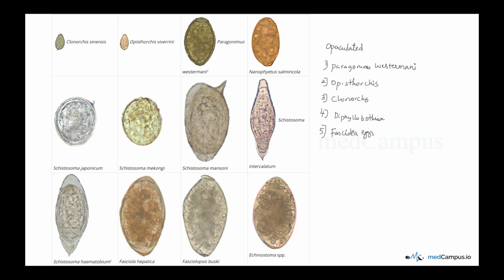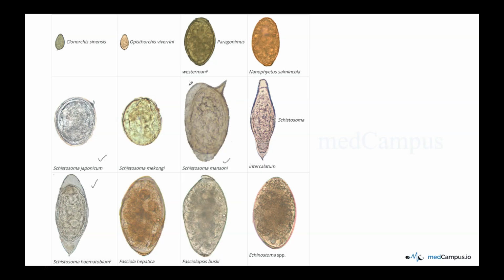Next thing. After looking at what we call the operculated ones, the last thing which we will cover is differentiating Schistosoma mansoni from haematobium and japonicum. Try to look at these three eggs. The one thing which differentiates these three is a kind of spine.